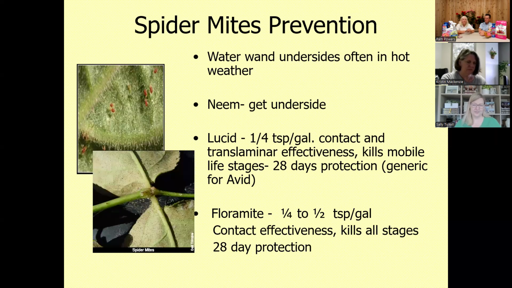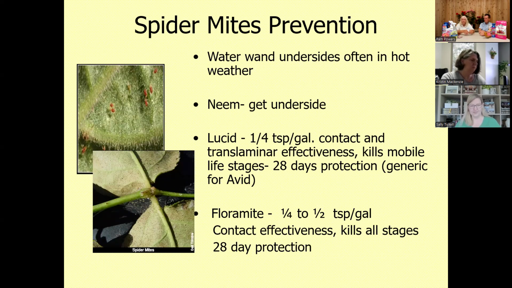The other way you can treat them, if you have more than one or two bushes, is you can get neem and treat the underside of the bush, and the neem will suffocate the spider mites. And then there are miticides, and there are two miticides that are very effective.